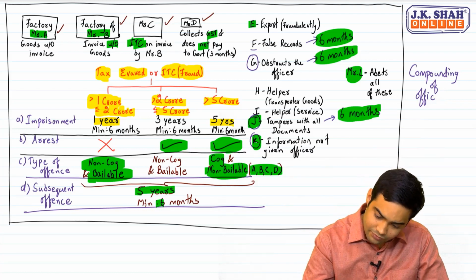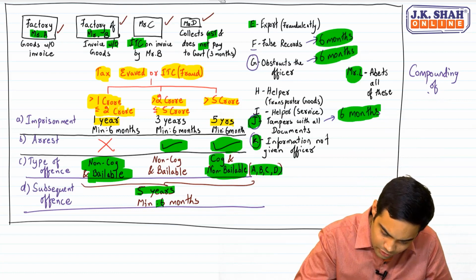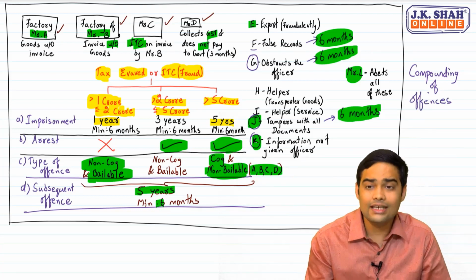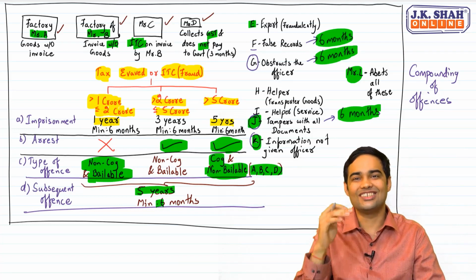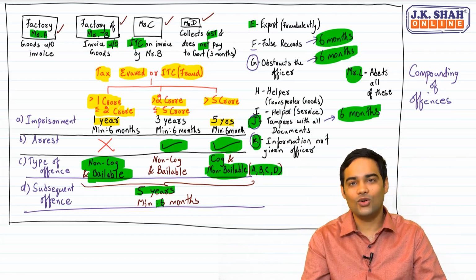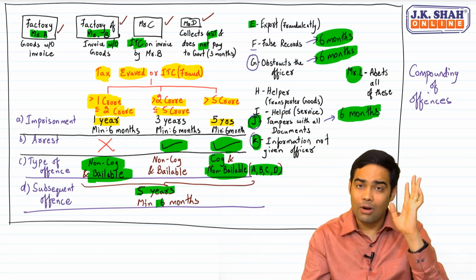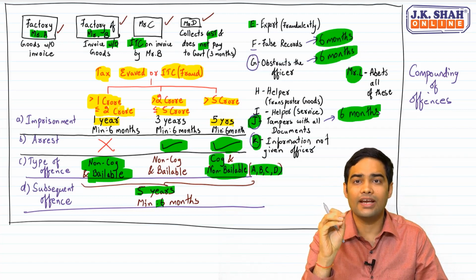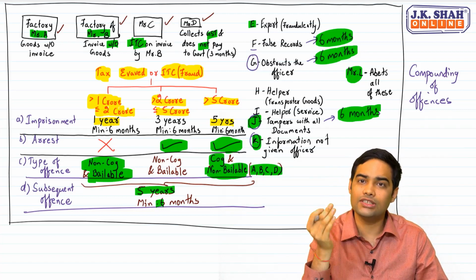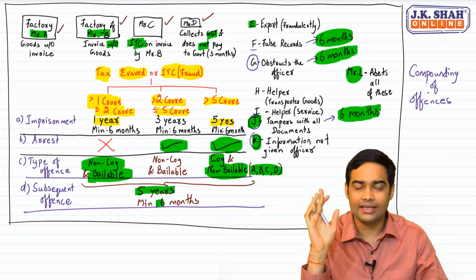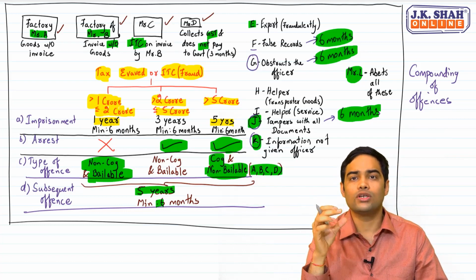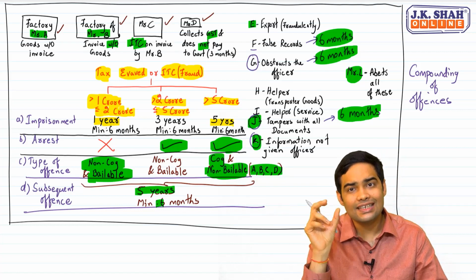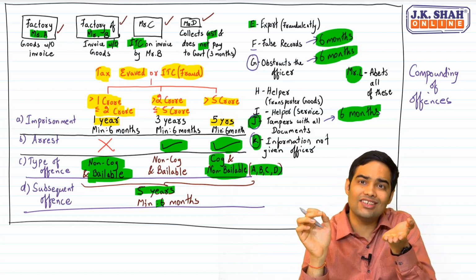Now, when we talk about compounding of offences, you need to also be very clear with the amount which you pay, not offences. What is the amount which is required to be paid? In any case of offences, the penalty or the pay which you have to pay is defined. Now the compounding amount which you have to pay is 50% of the tax or 10,000, whichever is higher.